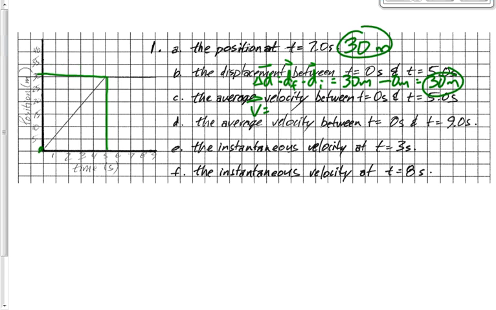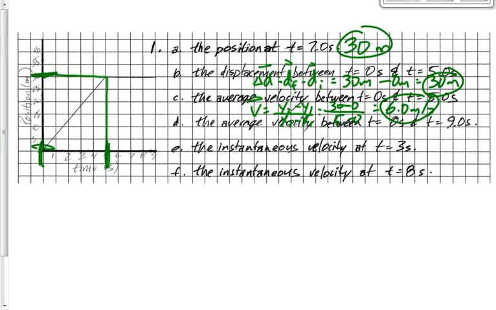So let's say V is equal to y2 minus y1 over x2 minus x1. y2 is going to be 30 meters. y1 is going to be 0. So it's going to be 30 minus 0 over 5 minus 0. That's going to give me 6.0 meters per second. How many people got that? 6. Good. Again, it's going to be on your quiz tomorrow.